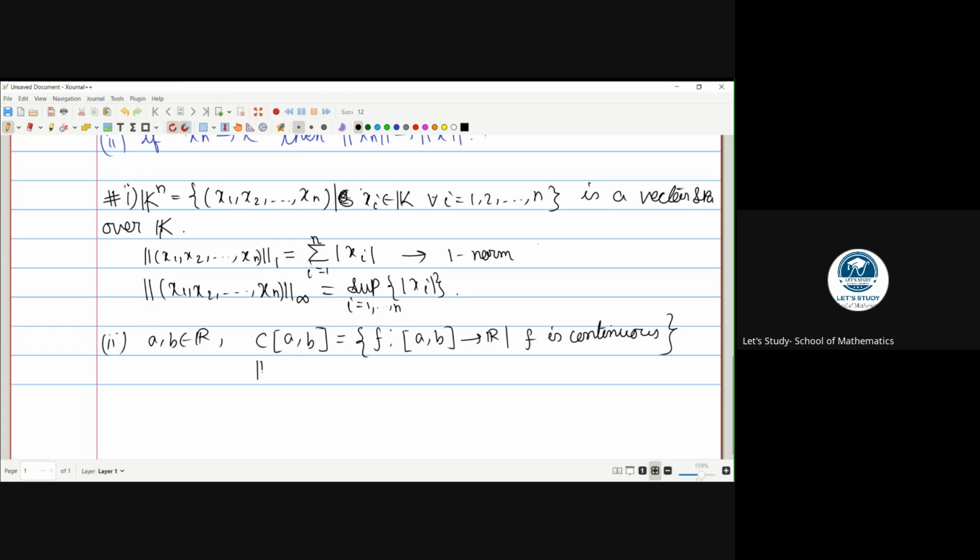I can define a norm of f for f belonging to C[a,b]. This is the supremum of the modulus of f(x) such that x belongs to [a,b].